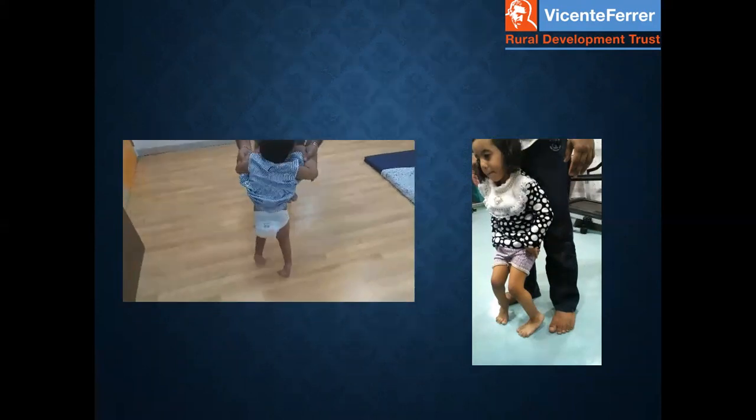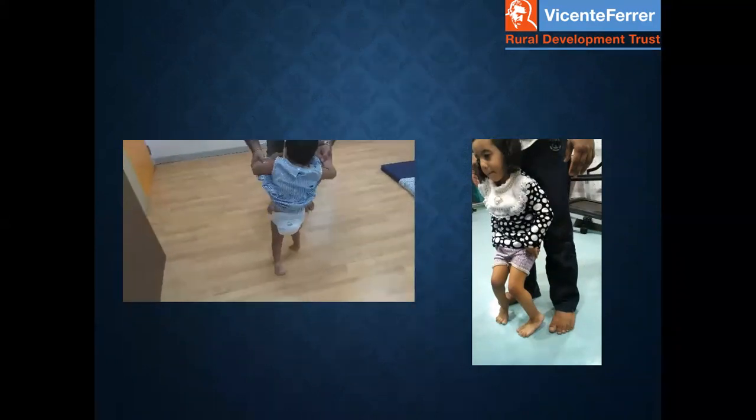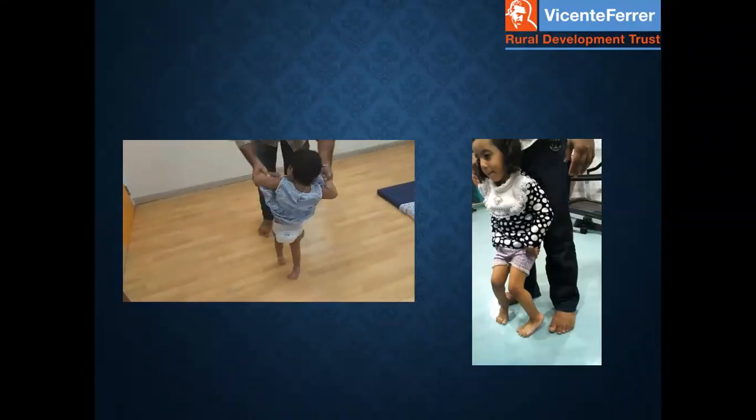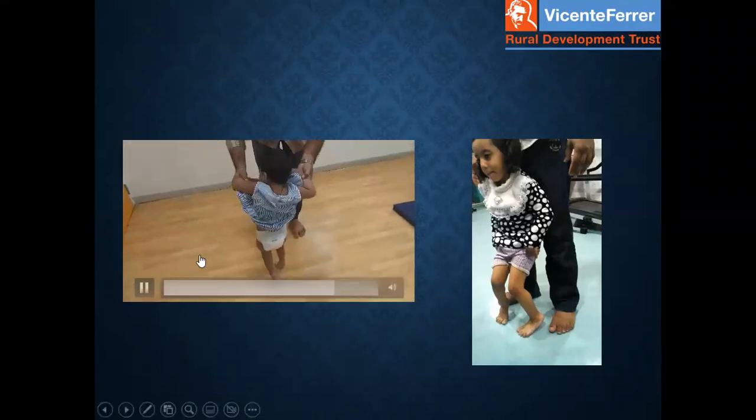From the back, it is very clear what's happening to the knee joint. In mid stance and terminal stance also, there is still flexion of the knee joint.